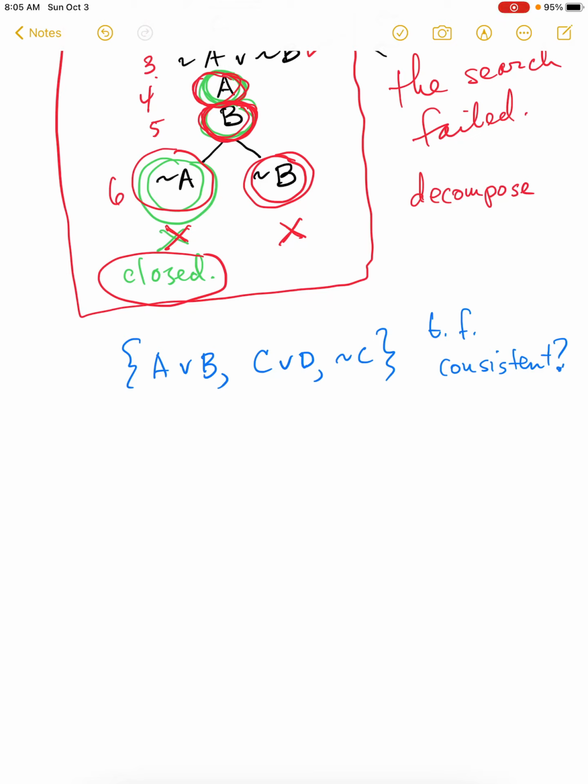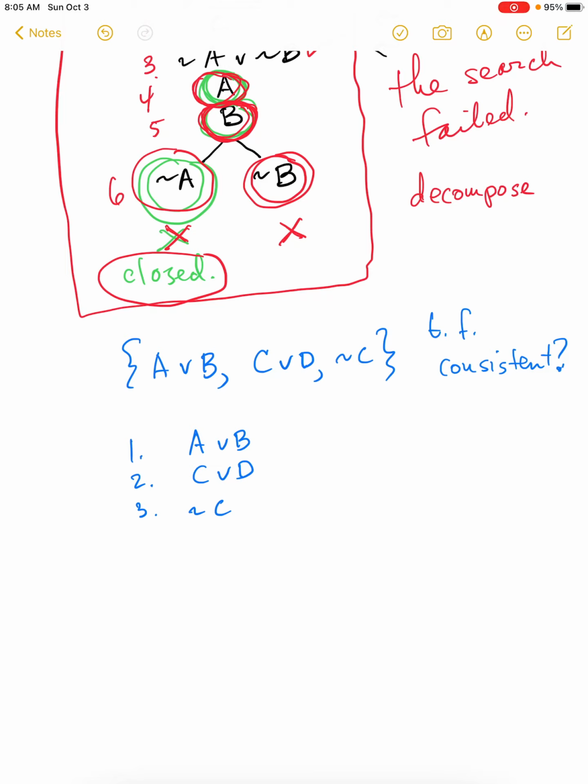So, what we do is we list the members of the set, A or B, C or D, not C, and we number them. And then we're also going to have a column to the right of all of the entries in the tree where we indicate where we got those sentences.